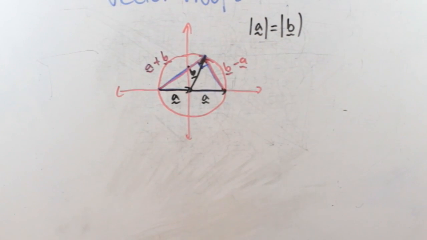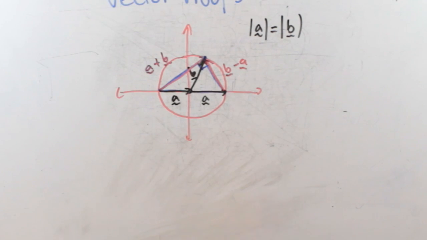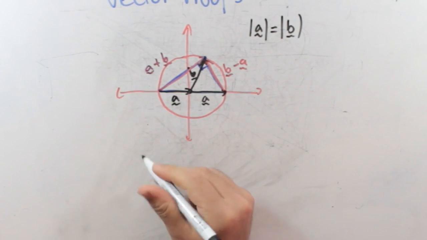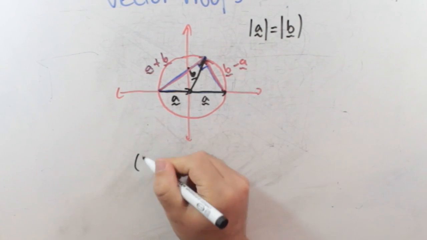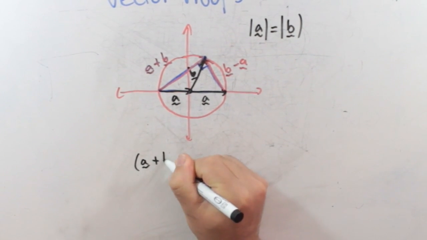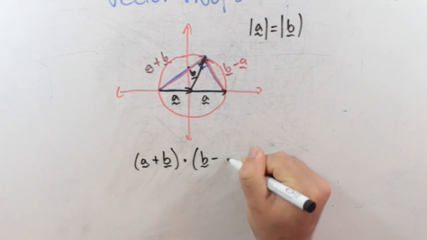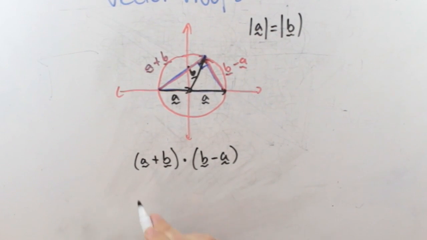We just want to show that they're at right angles to each other. So let's do a dot product and see if the dot product equals 0. We've got vector a plus vector b dotted with vector b minus a. What do we get here?